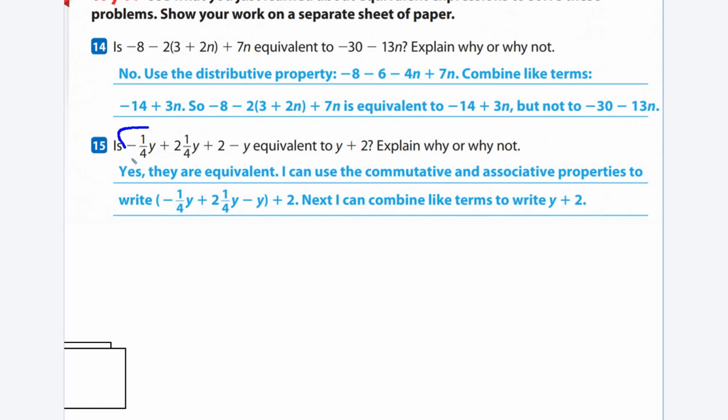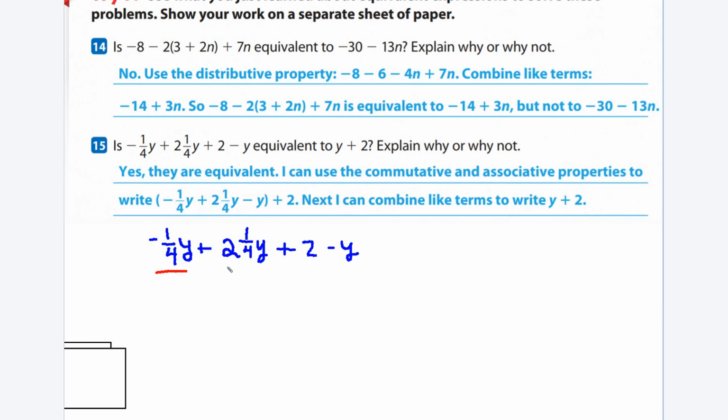So when you look at this expression, okay, let me rewrite that here. Negative 1/4 y plus 2 1/4 y plus 2 minus y.